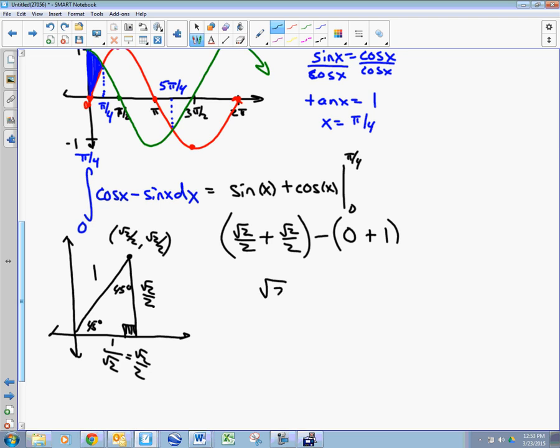Just the root of 2. That's the exact value.